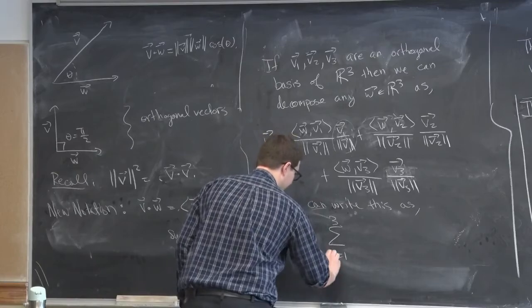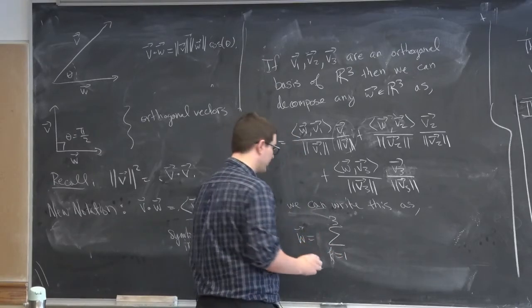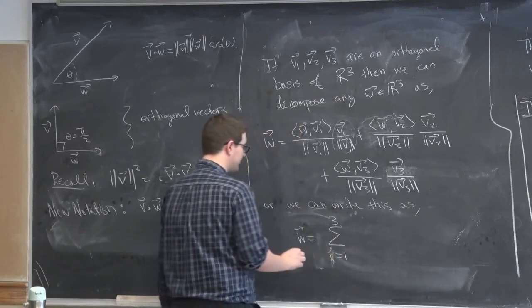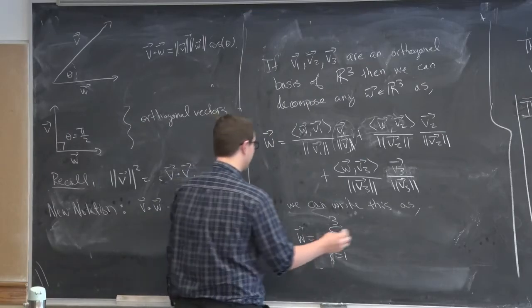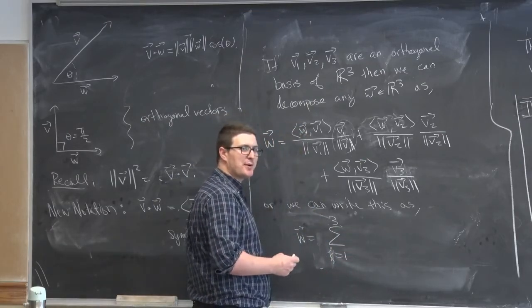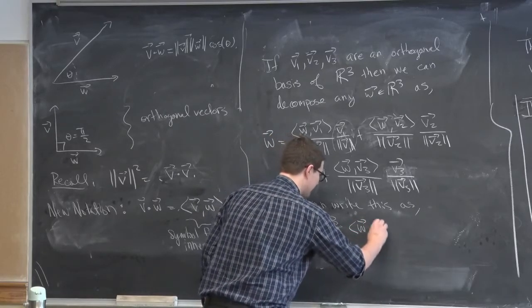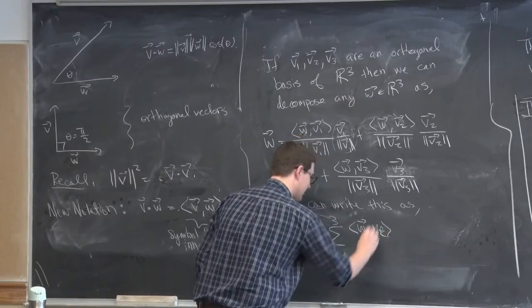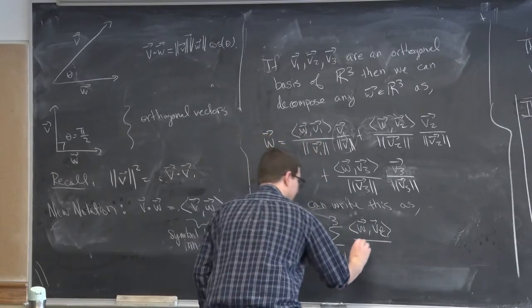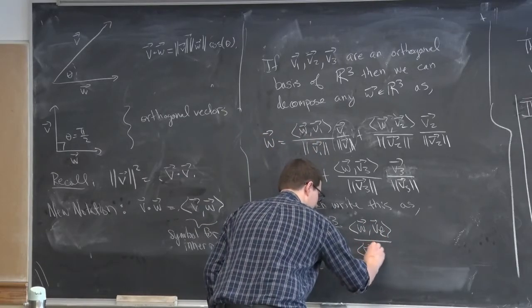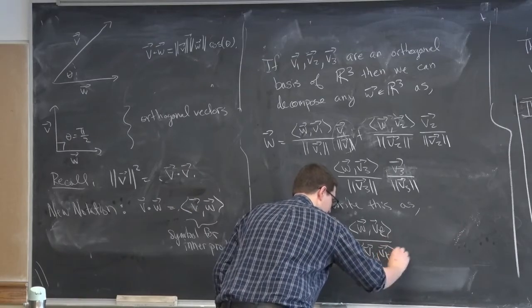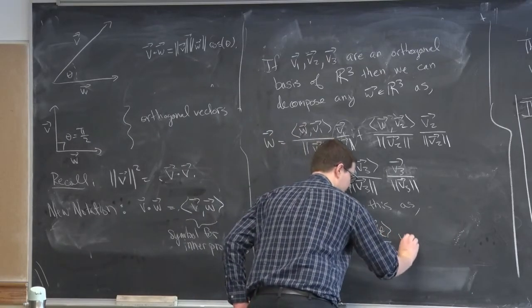Or let's say k, because of Owen, because he uses j for the square root of negative 1. So W is the sum of the inner product of W with Vk, over the norm of Vk, times Vk.